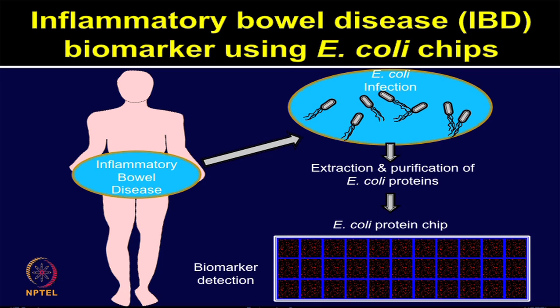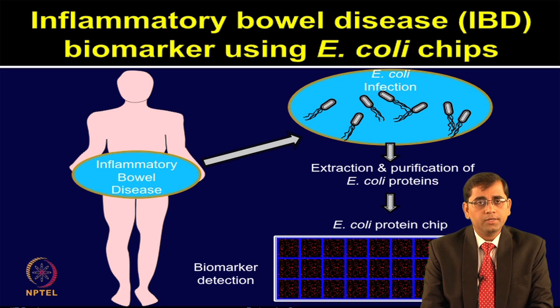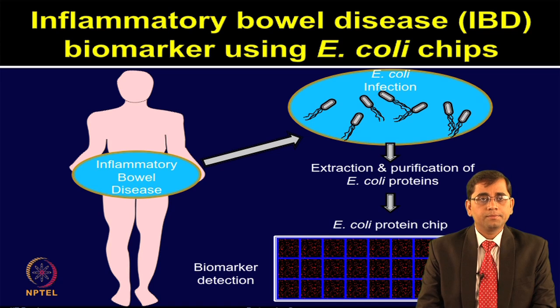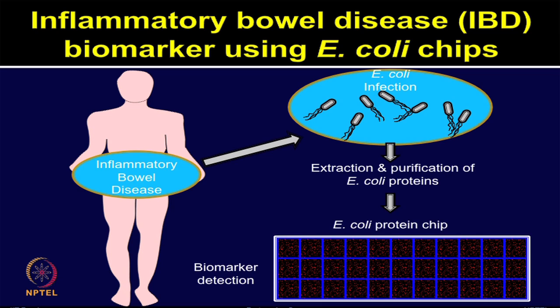The study was performed by Chen et al. in 2009. In this study, first of all, authors used the E. coli proteome chip. They used more than 4200 proteins obtained from E. coli and then they collected serum from healthy controls and clinically well characterized patients with inflammatory bowel disease. 66 samples from Crohn's disease and 29 from ulcerative colitis were collected and compared with 39 healthy individuals.